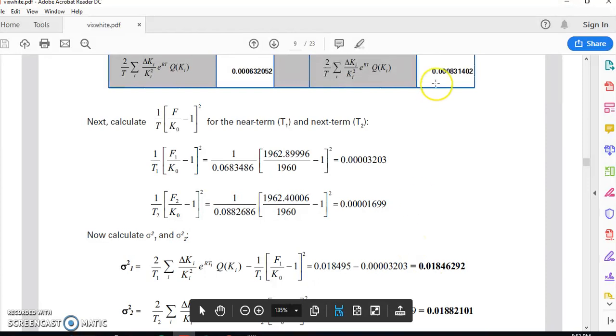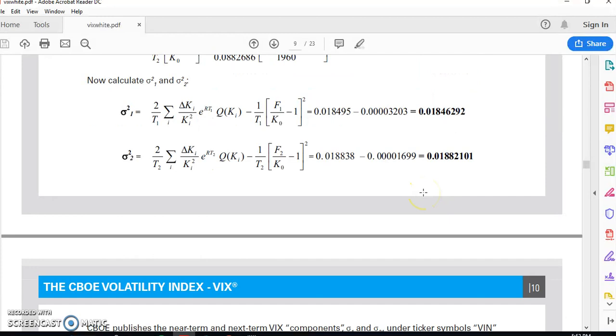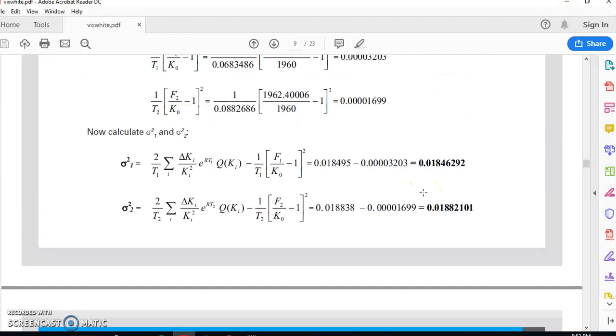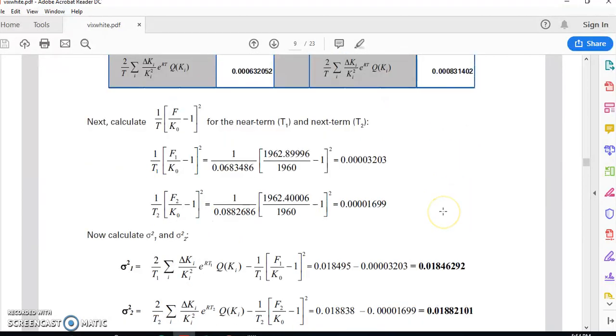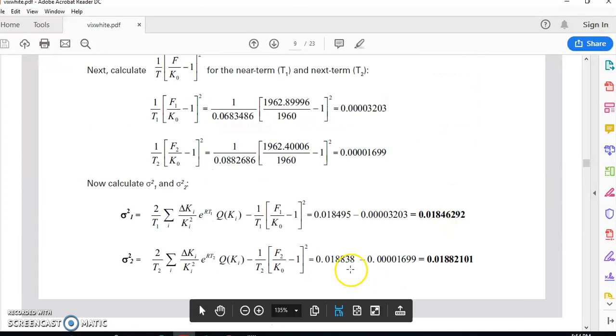So to go from this number here, the 00083, we had to multiply that by 2 divided by T2.